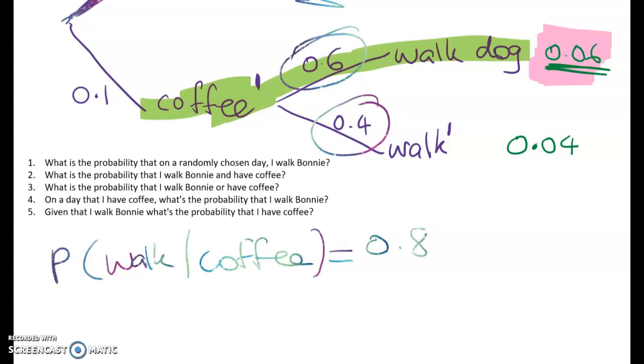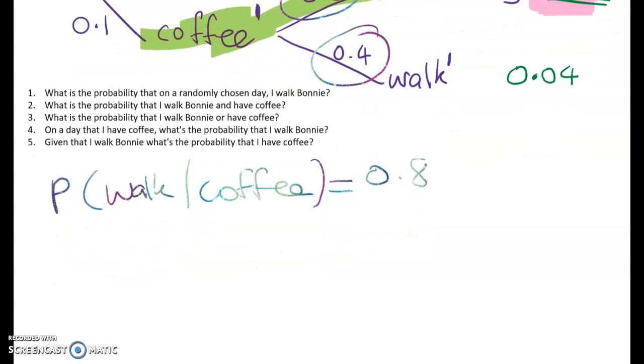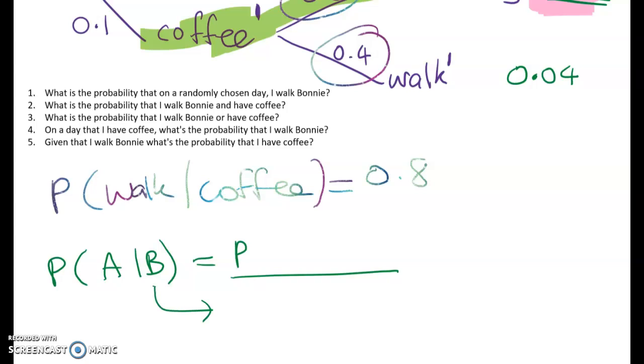But the other way that I could get there is by applying the formula or the definition that I gave you in the first video, which is this: when I've got a conditional probability, I'm only interested in the times when that thing happened, so event B, and then I want to know when both of those things happened.